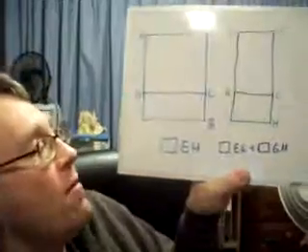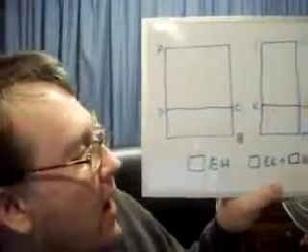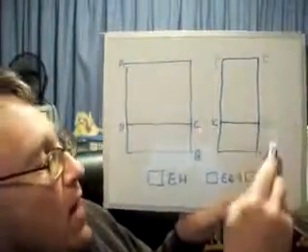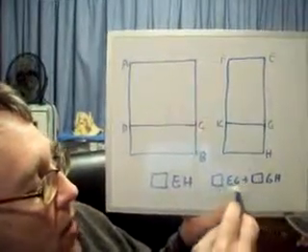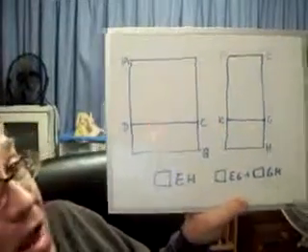Okay, I bet you're confused. Let me make sure I got this right. So if we made a square out of the length of EG, and we made a square out of the length of GH, and we added those two square areas together, they would be incommensurable with the area of EH.